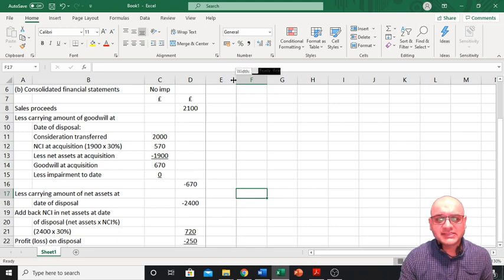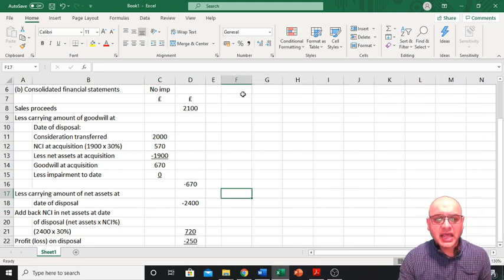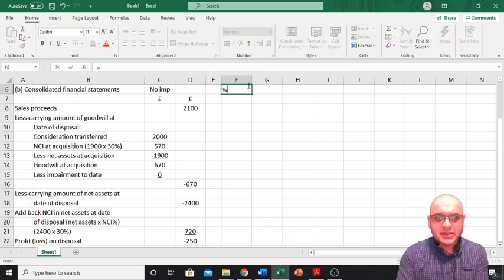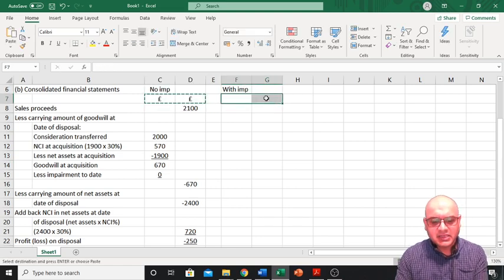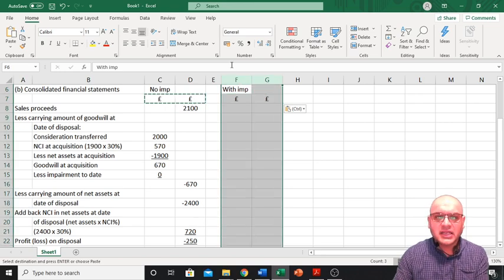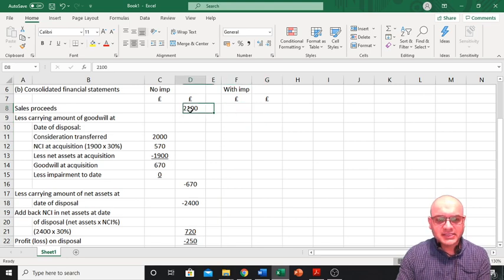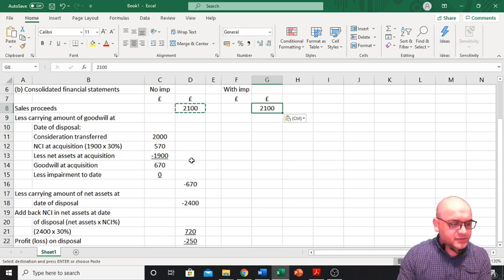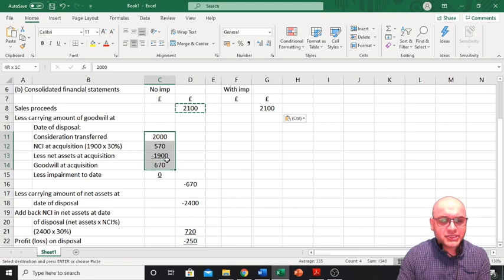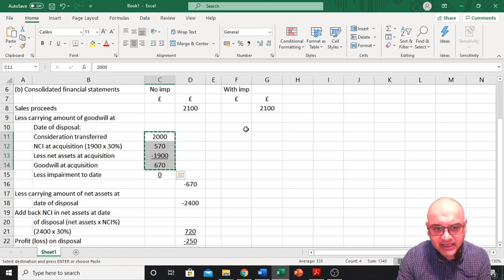Now let's see what would happen if there was an impairment. So let's type in with impairment, and the pound signs as it is here. Let's put everything in center. Sales proceeds are going to be the same as before, 2100. All this up to goodwill at acquisition is again going to be the same.